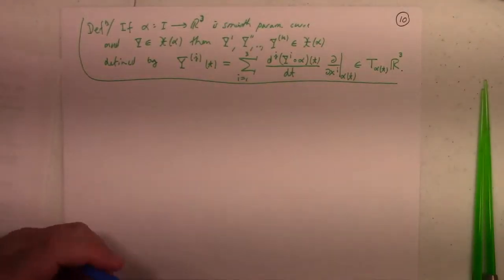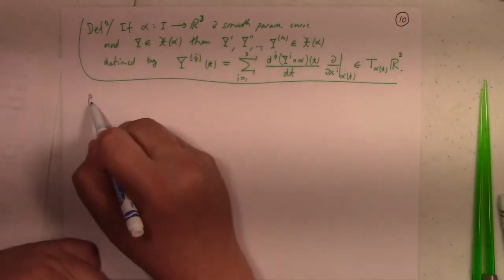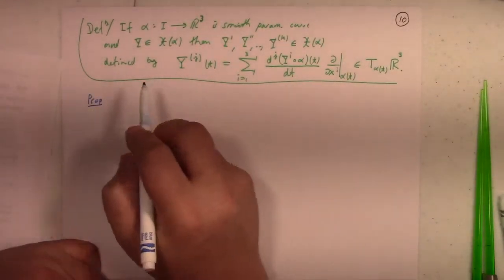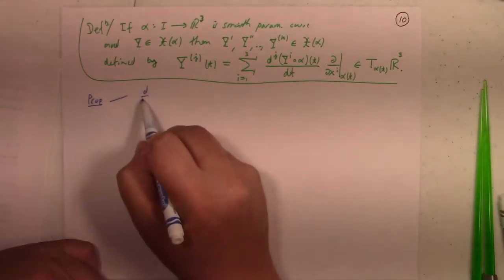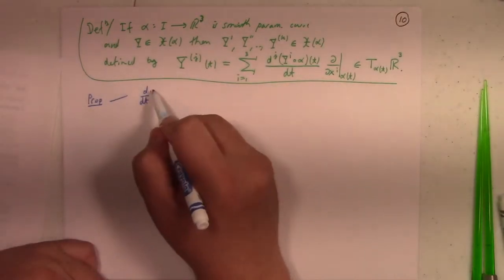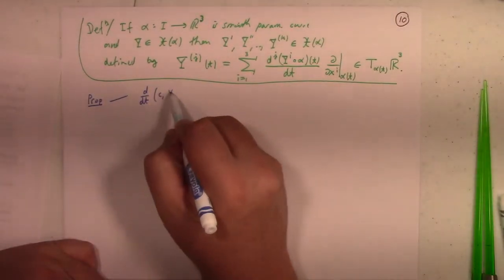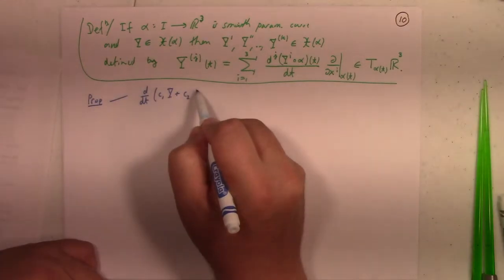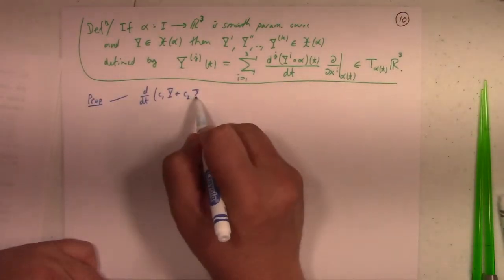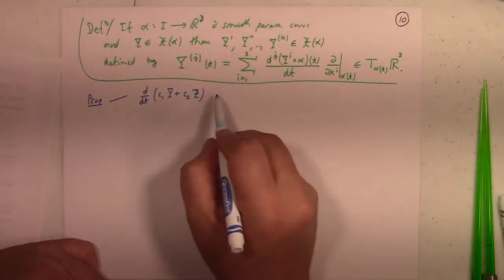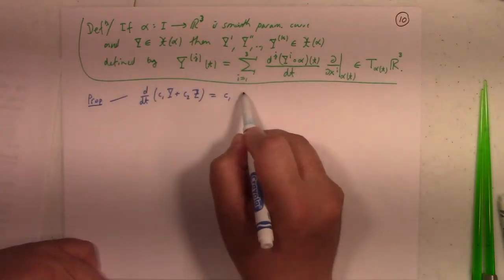So, some not altogether unsurprising properties. If you differentiate a linear combination of two vector fields, y and z, you have linearity, okay?